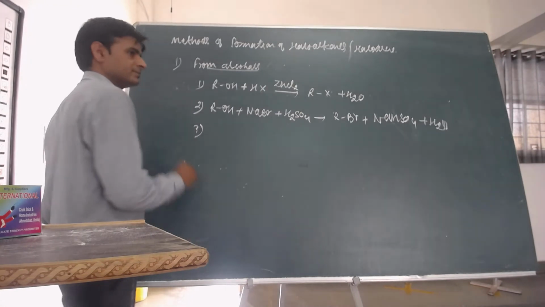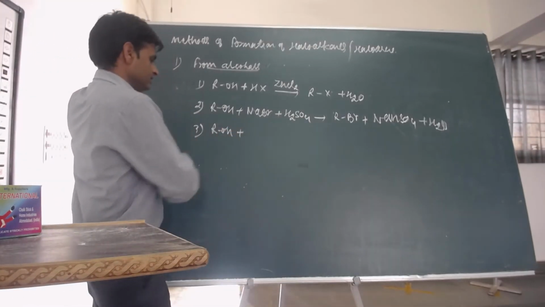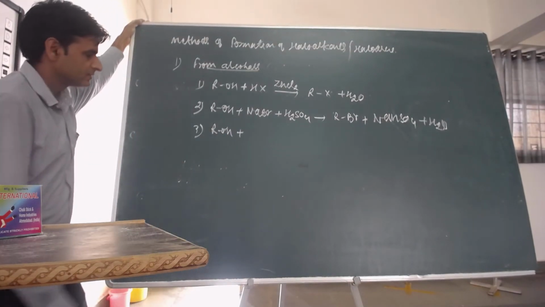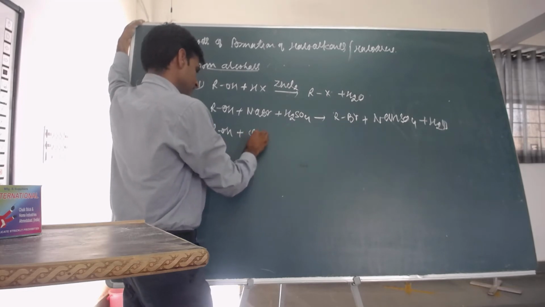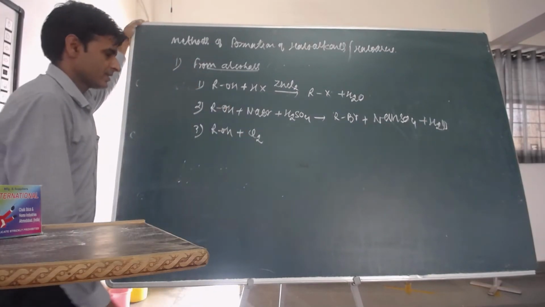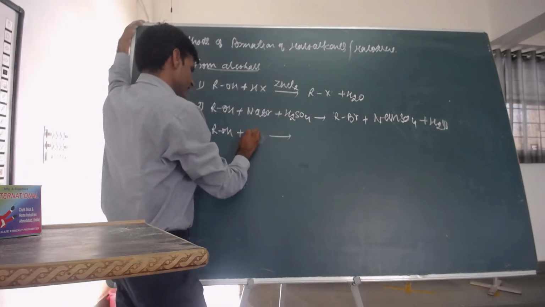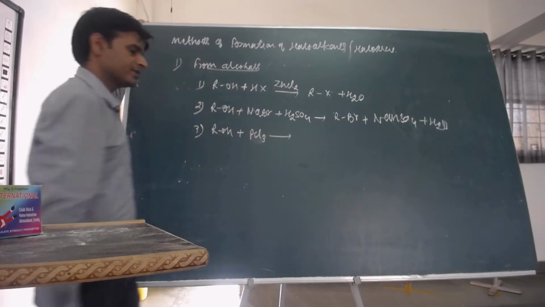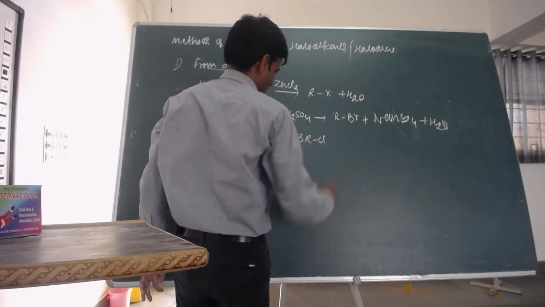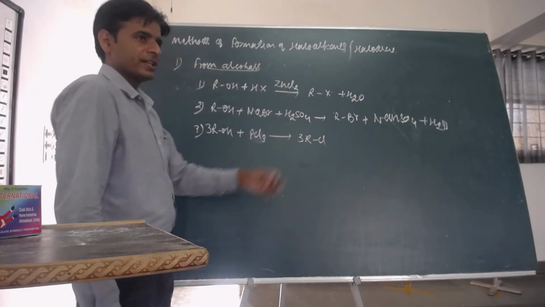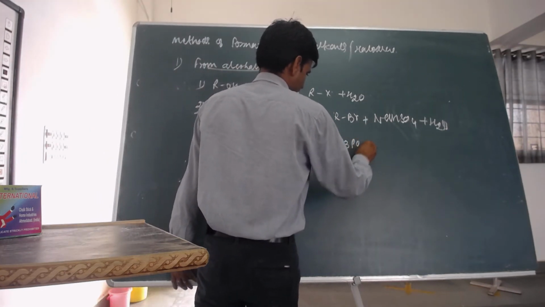In the third case, when alcohol is directly halogenated in the presence of phosphorus trichloride, then we obtain the haloalkane, chloroalkane, plus phosphorus acid.